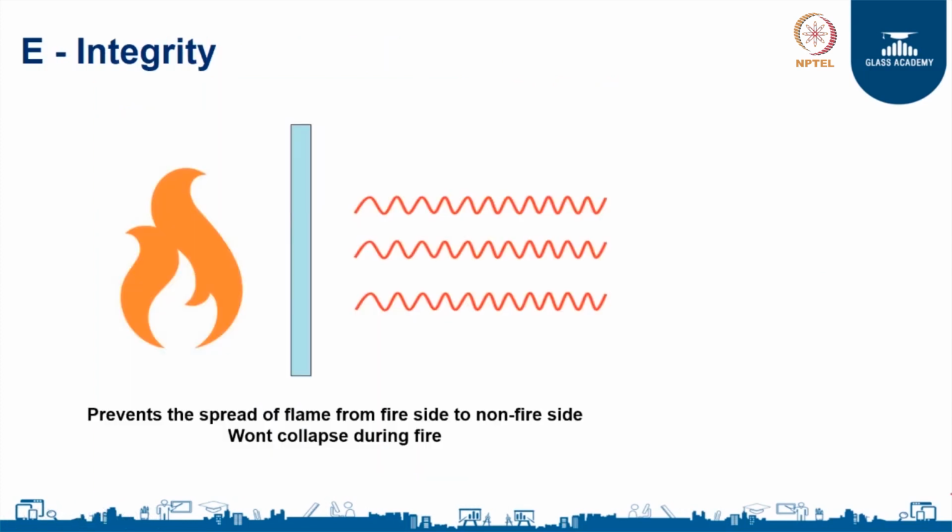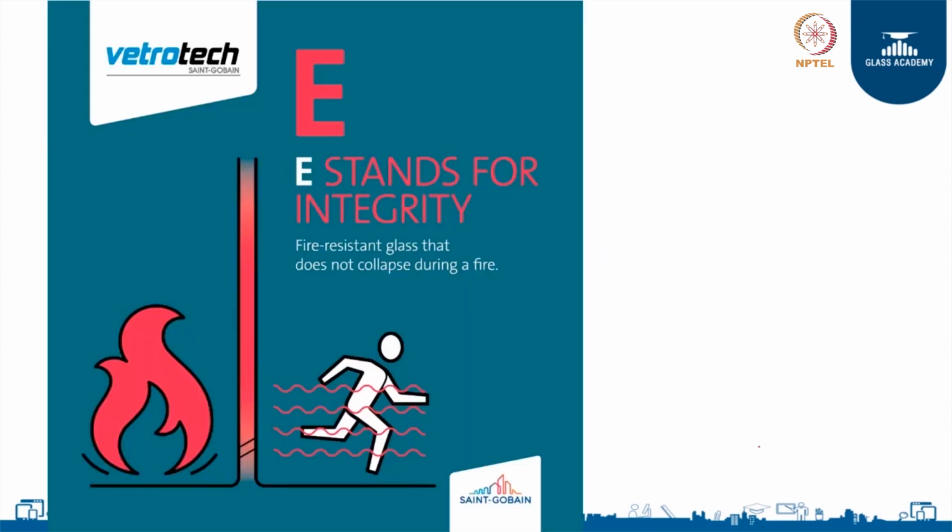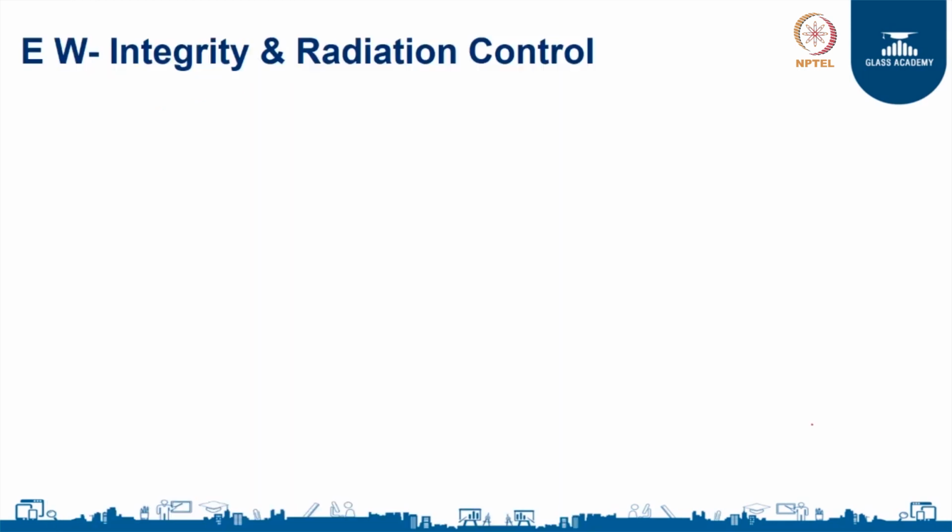So here is a very simple representation of how the heat would be transmitted in an integrity rated fire resistant glass. The heat would transmit through the glass, since there is no mechanism in place to cut down the amount of radiation heat transfer through the glass.